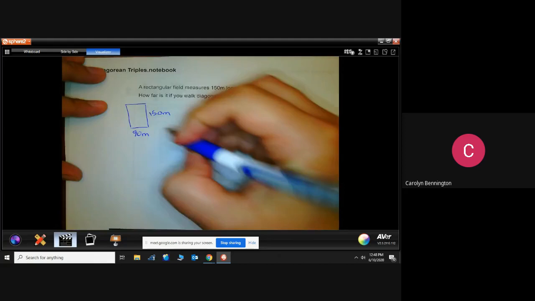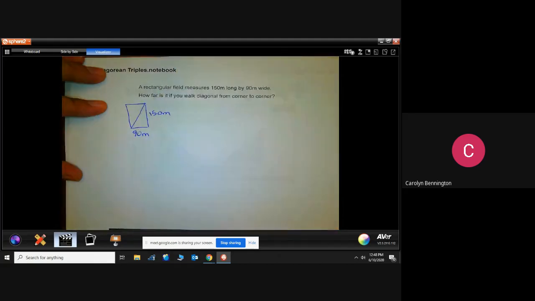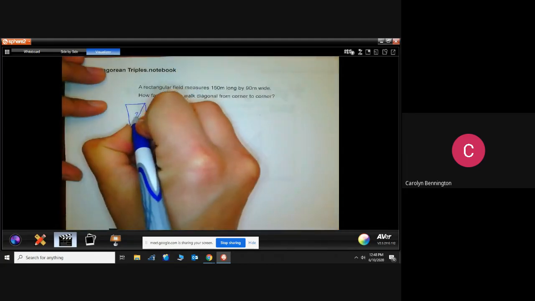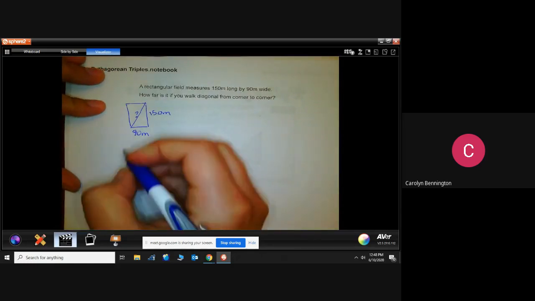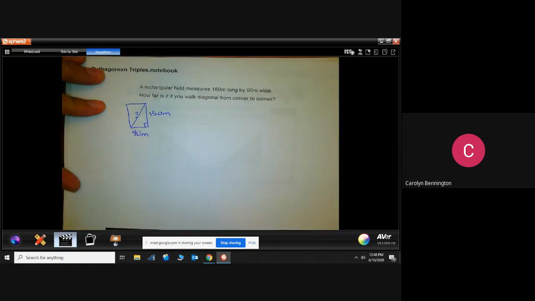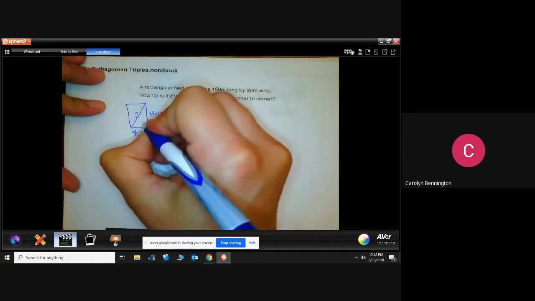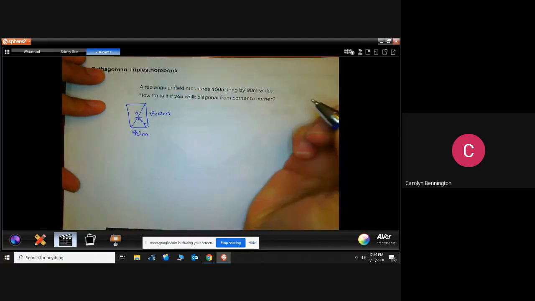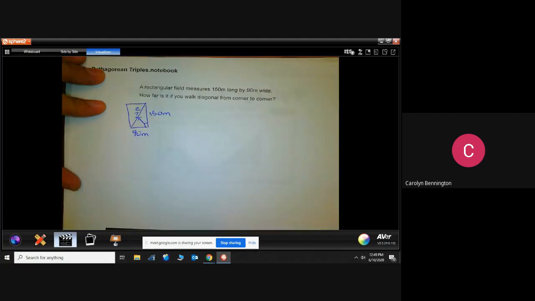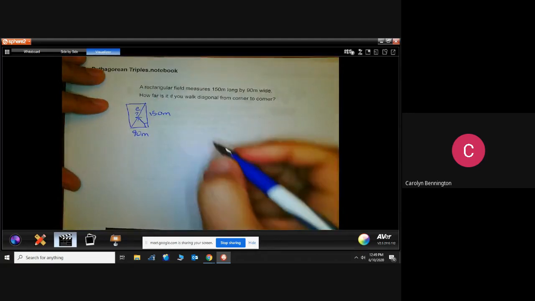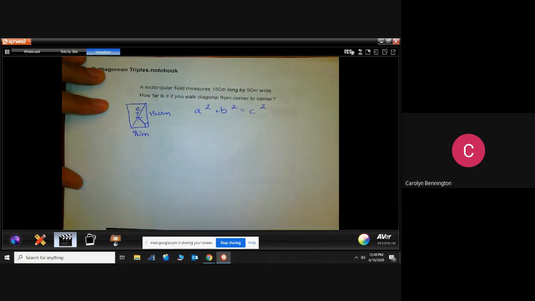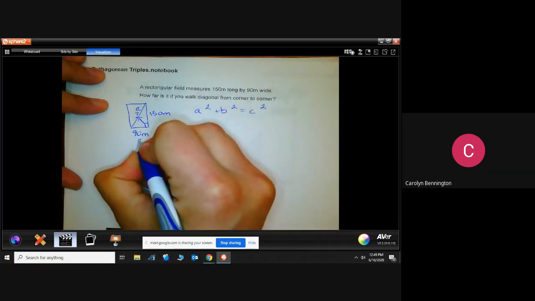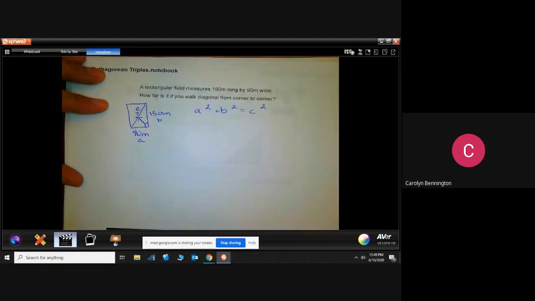So if we go from corner to corner, the diagonal, we're looking for that line there. So we can use Pythagorean theorem because we do have a right triangle. And directly across from our 90-degree angle is our hypotenuse, which will be our C value. So with Pythagorean theorem, I'm going to call 90 our A and 150 our B.